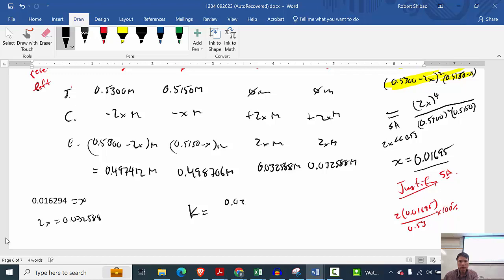All right, now let's go ahead and double check our K. This is going to be 0.032588 to the fourth, 0.497412 squared, 0.498706.